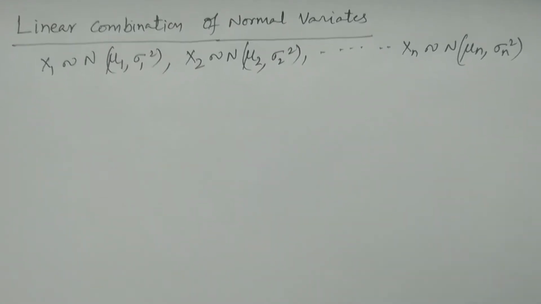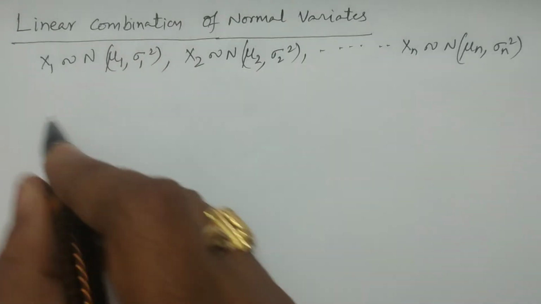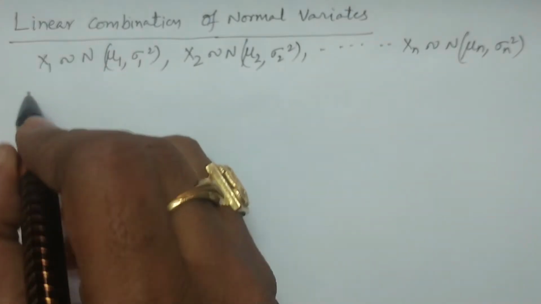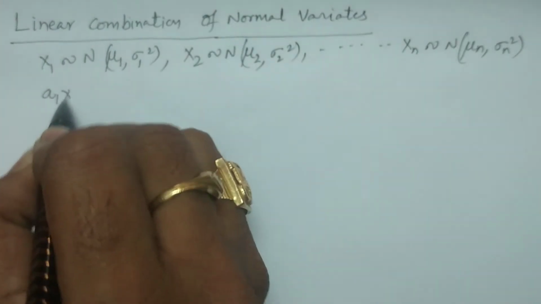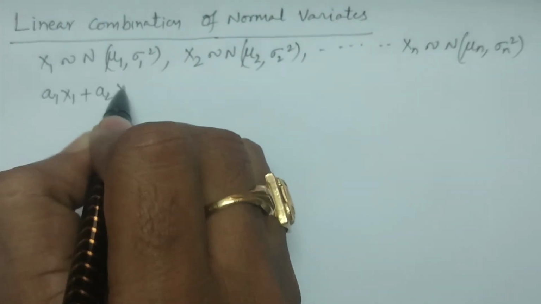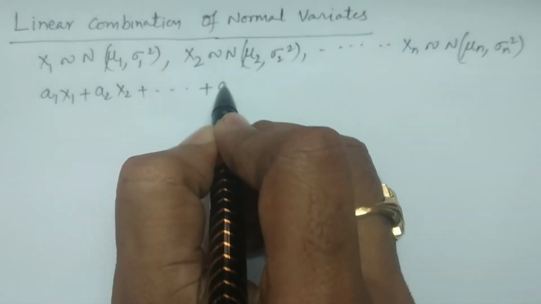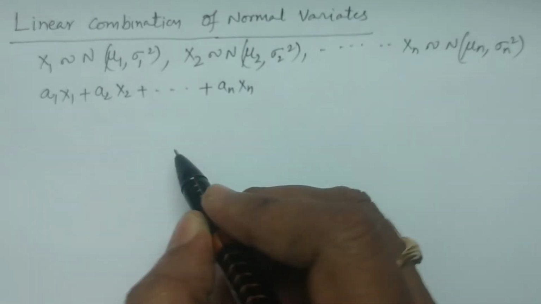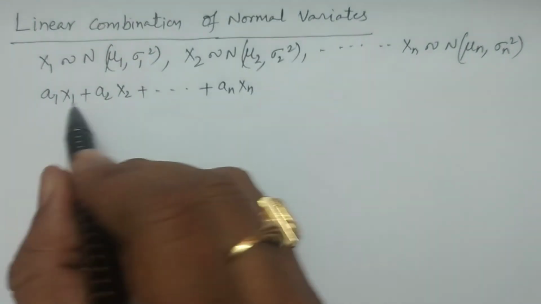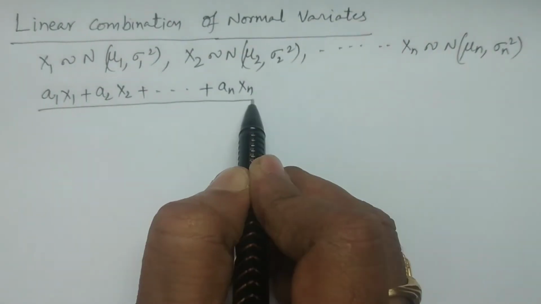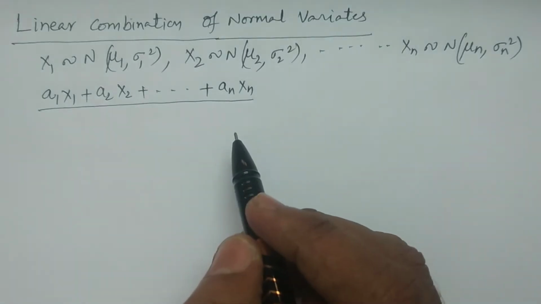Then what you have to see is, what is the linear combination? If we consider a1, a2, an are constants, then the linear combination is a1 x1 plus a2 x2 plus and so on plus an xn, where a1, a2, an are constants. This is the linear combination of the n independent normal variables.